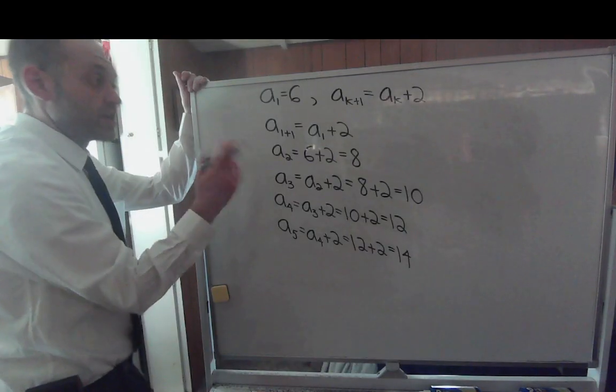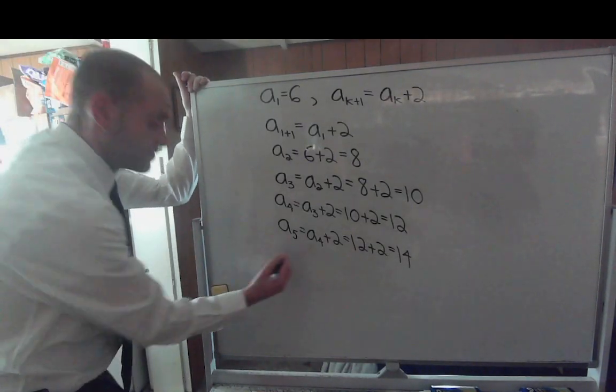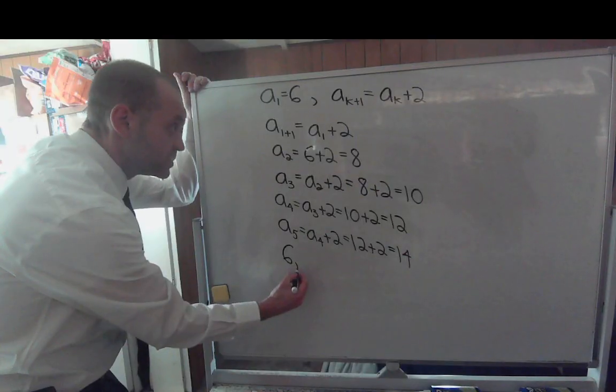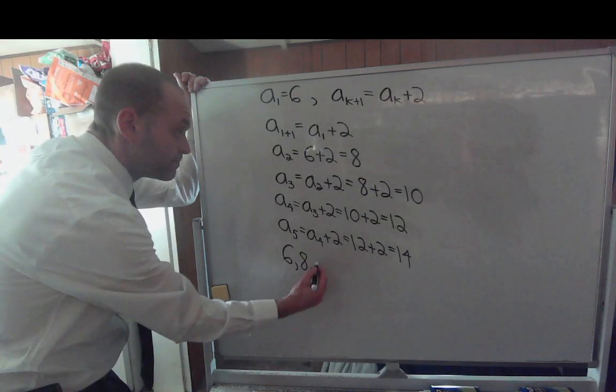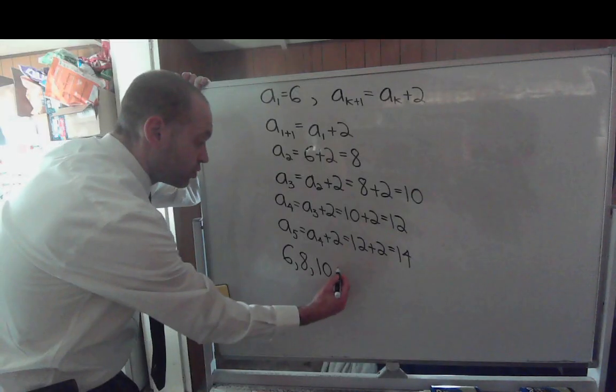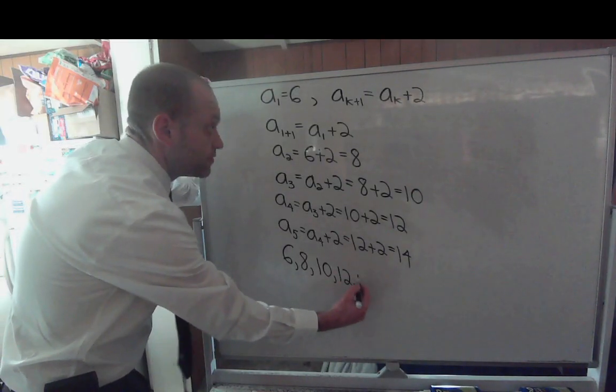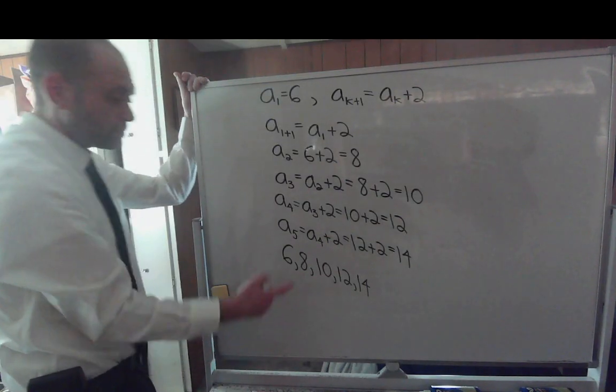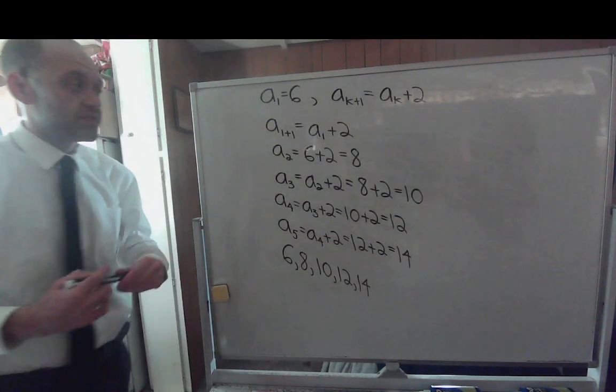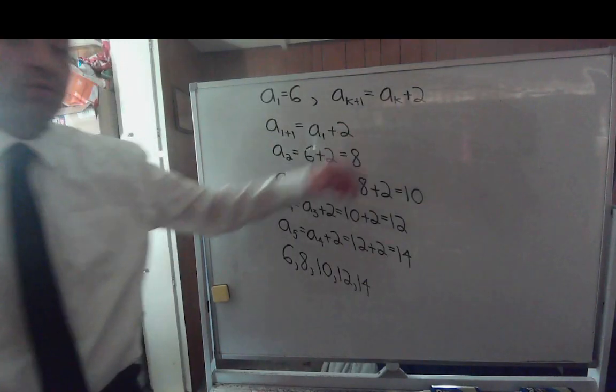So using the recursive formula, I got the first 5 terms of the sequence. We have 6, 8, 10, 12, and 14. Those would be the first 5 terms of the sequence using this recursive formula.